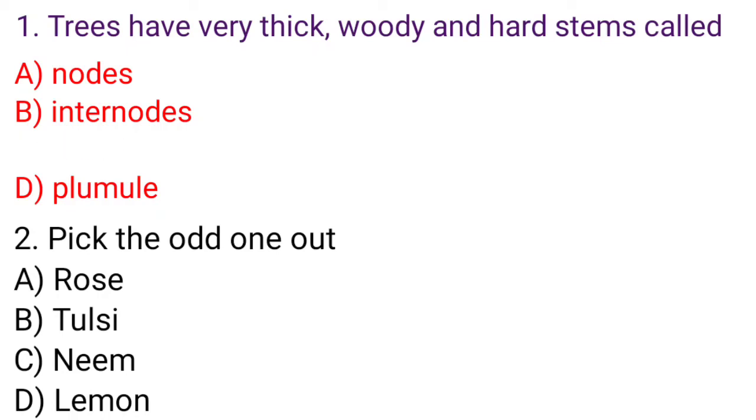That is trunk. Question 2. Pick the odd one out. The options are A. Rose, B. Tulsi, C. Neem, D. Lemon. Yes, beta, you have to choose the odd one. Oh yes, the correct option is C, because neem is a tree while rose, tulsi and lemon are the shrubs.